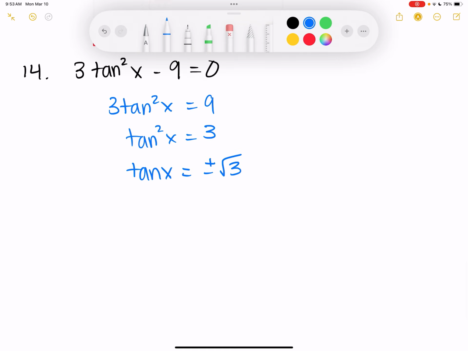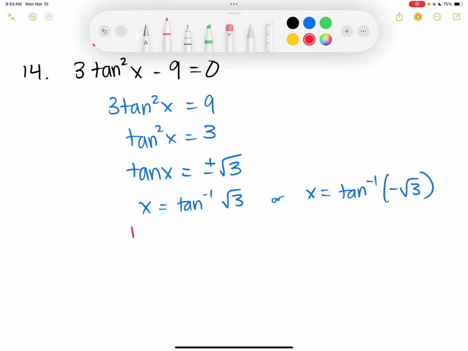So we take the inverse tangent, and you need to write these as separate ones once we do this. So the inverse tangent of the square root of 3, or the inverse tangent of negative square root of 3. Where is tangent positive root 3? Pi over 3.